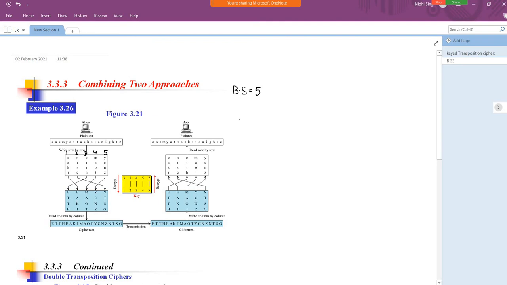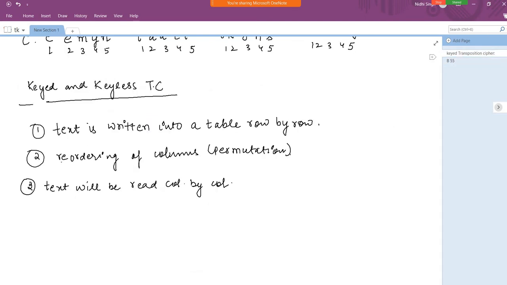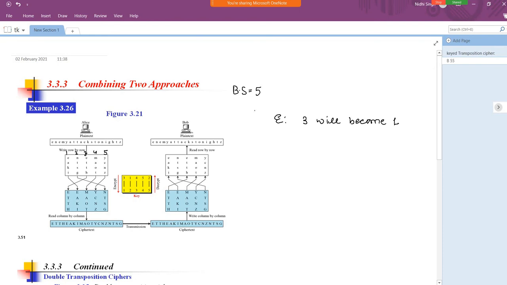So this encryption can be understood like this: the third column will become the first column, because we are doing the permutation of columns. In the second step, it was reordering of columns, which means permutation. According to my encryption key 31452, the third column will become the first one.